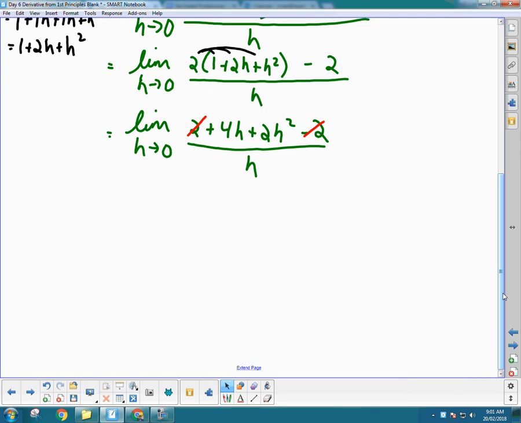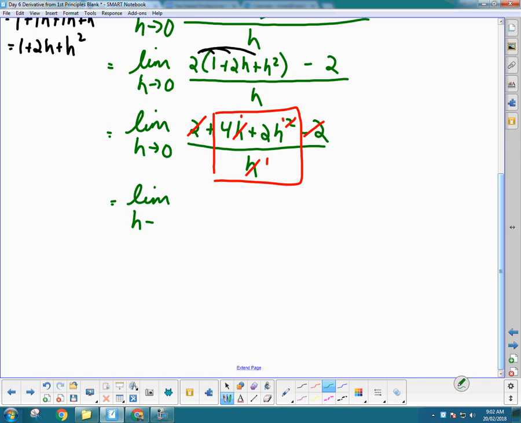So since those canceled out, I'm left with just this part, and I can now divide everything by h. This divided by h is going to disappear. This divided by h is going to leave me with one of them left, and this is going to disappear into a 1. And so I'll be left with the limit as h approaches 0 of 4 plus 2h.